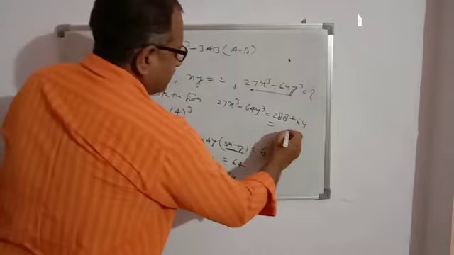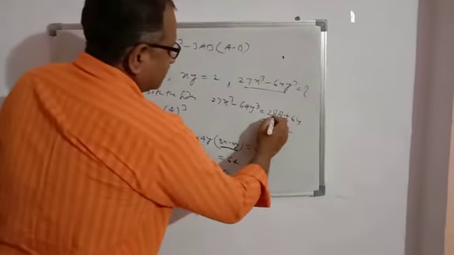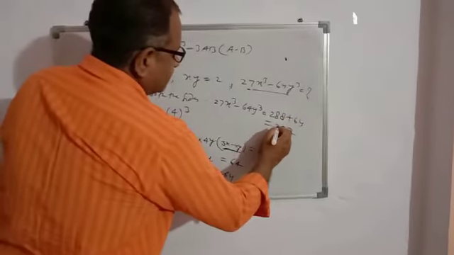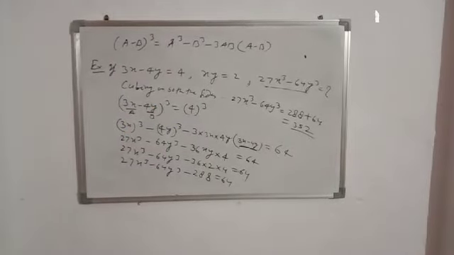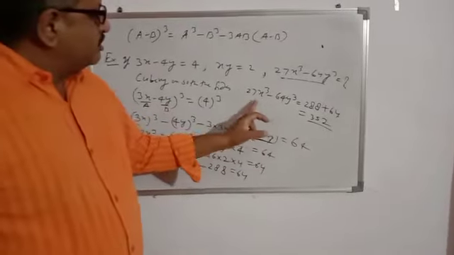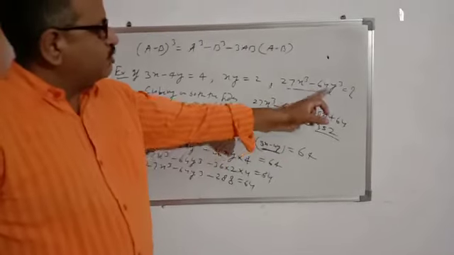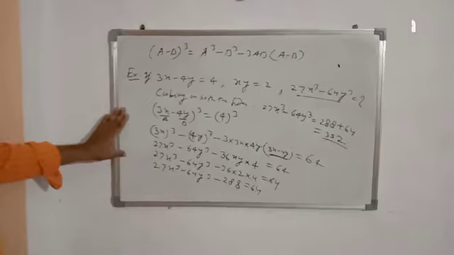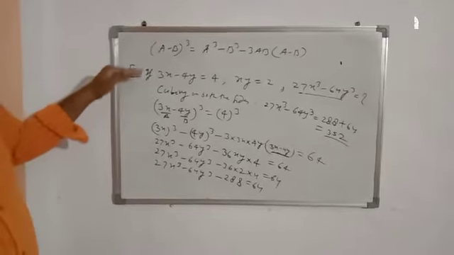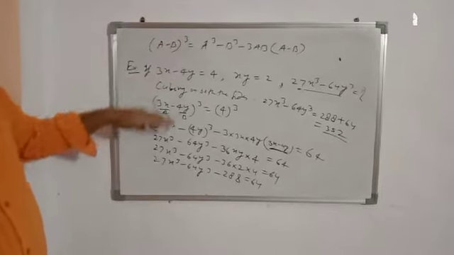Add it. 8 plus 4, 12. 352. So 352 is the value of 27x cube minus 64y cube. So we have seen here how to apply (a minus b) whole cube in a given problem.